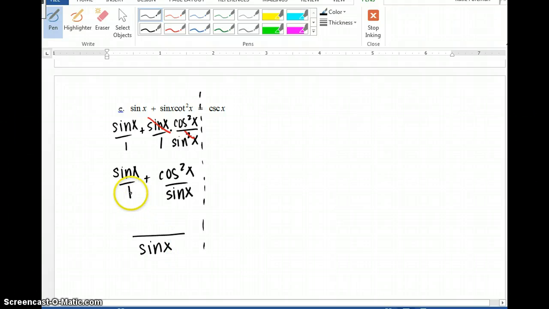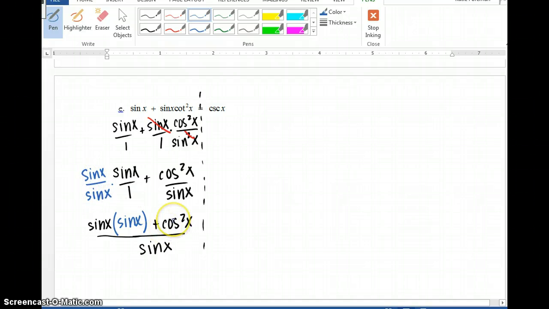So the common denominator would be 1 times sine x, which is just sine. The second fraction, we don't need to multiply that numerator by anything because it already has a common denominator. But the first fraction, we need to multiply by sine x, because we always multiply top and bottom by whatever is lacking from the denominator.